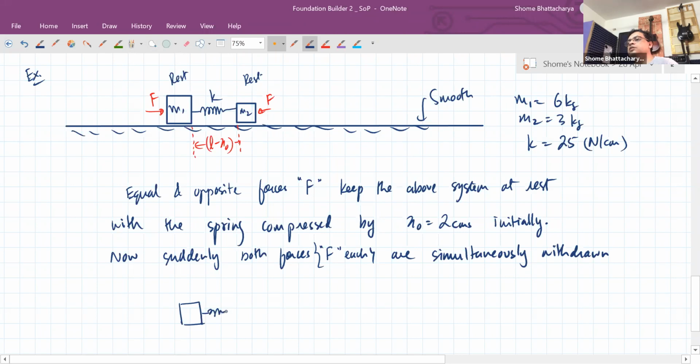Can you tell me what will happen to the system? At the moment when we withdraw the force, what is the state of the spring? It is compressed, no? So will the system start moving or will it remain at rest?